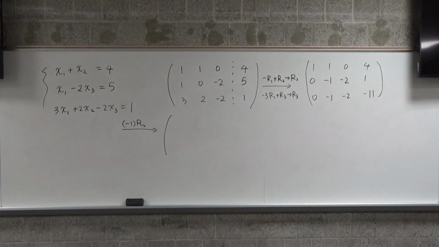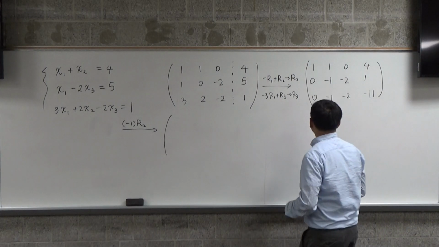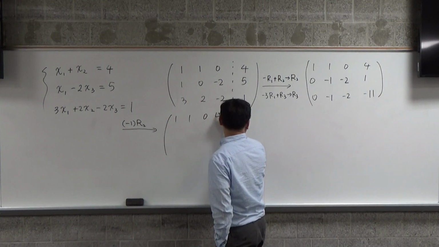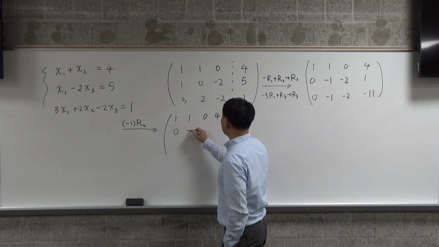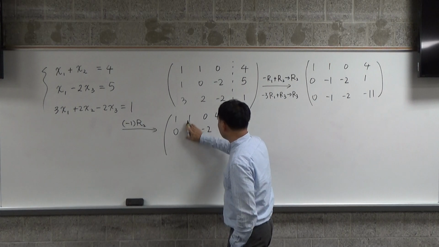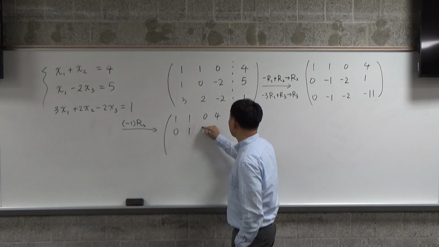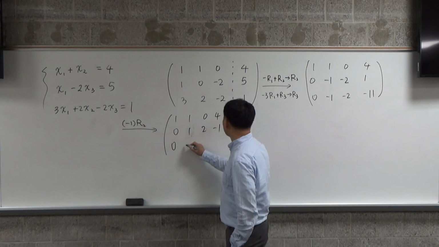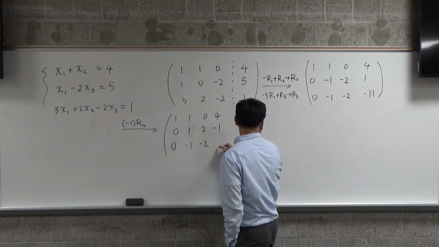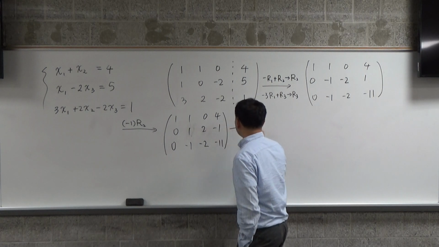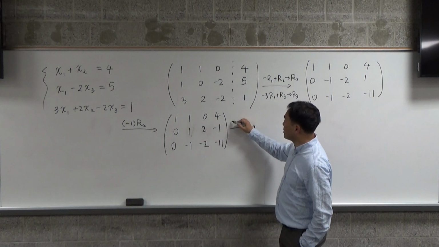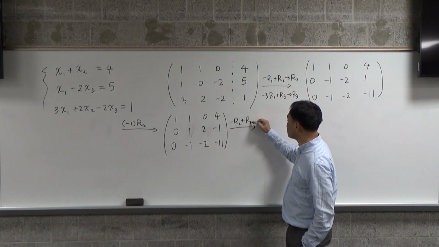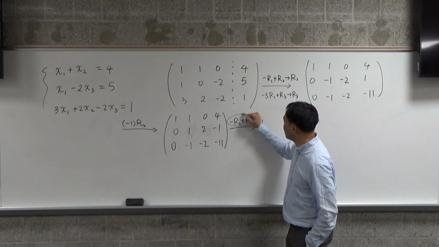Okay? All right, so you have 1, 1, 0, 4, 0, negative 1, negative, oh, positive 1, positive 2, negative 1, and then 0, negative 1, negative 2, negative 11, and I guess negative of the second row has to be added to the first row, replacing row 1.